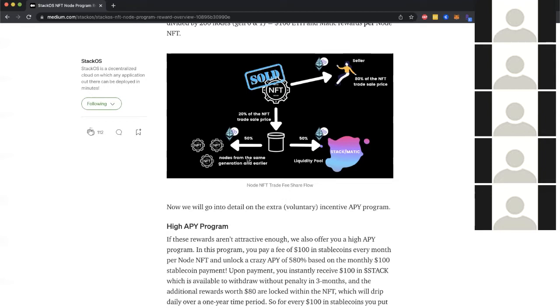That's one of the big reasons why StackOS decided to make launching these slots simpler by pegging it to $1, so that even if the price of Stack appreciates, or even if adoption increases, it should not get worse with time. You should be able to scale up very quickly for enterprise grade applications.